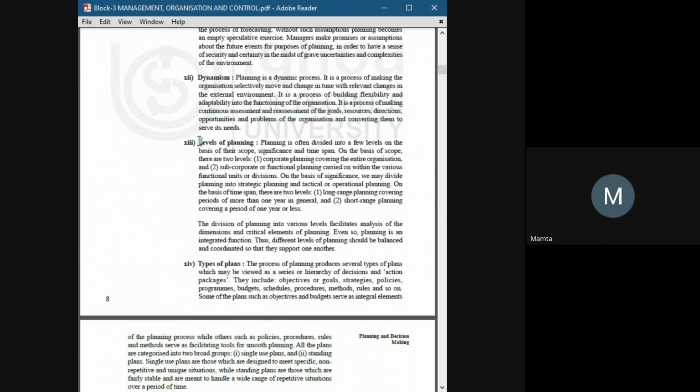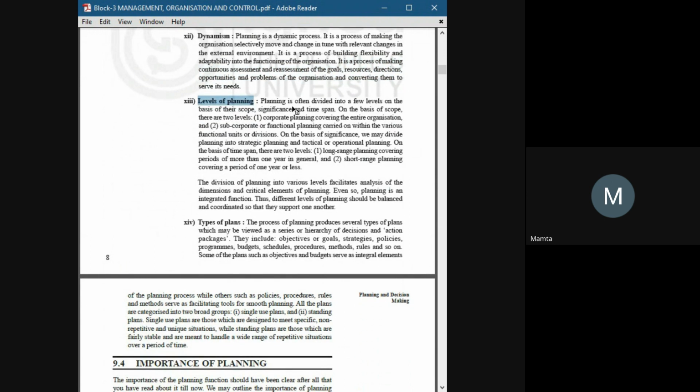Level of planning. We do planning on many levels, and here are some. On the basis of scope, we have two levels: corporate planning, covering the entire organization, and sub-corporate or functional planning, carried on with the various functional units or divisions.